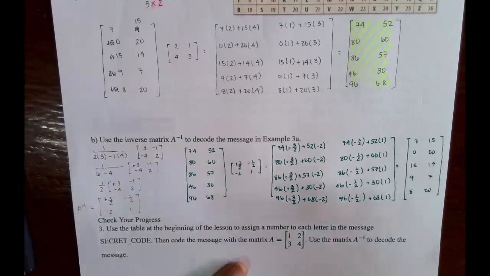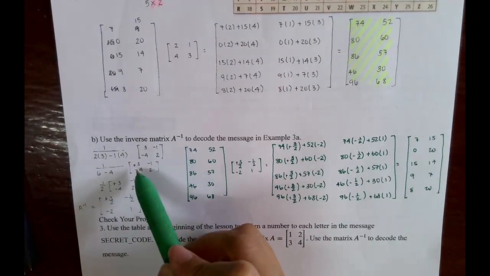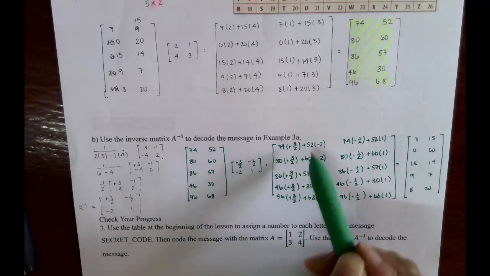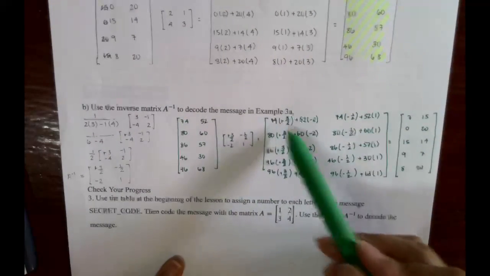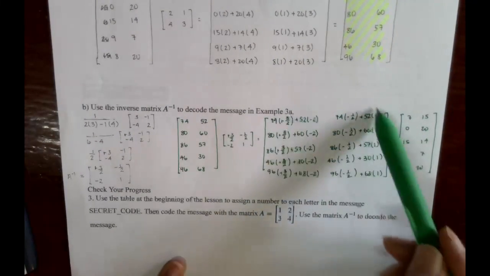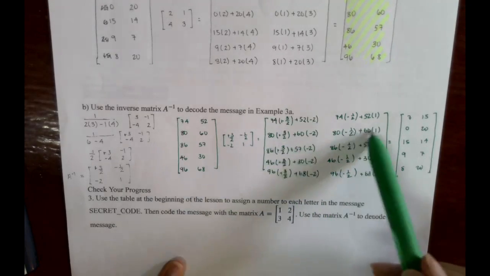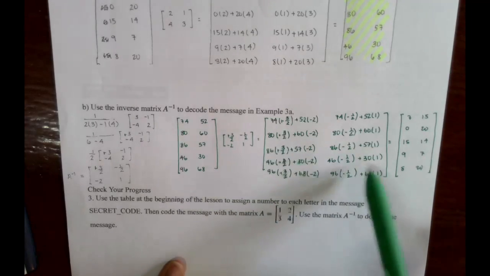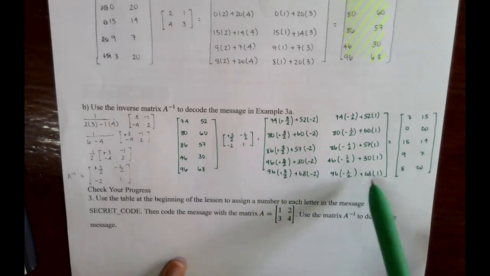Sorry, there was a mistake. I accidentally changed it to a negative from this line to this line. It should be positive 3 halves, so these should all be positive 3 halves here. Once I simplified all of them, I got 7, 15, 0, 20, 15, 14, 9, 7, 8, and 20.